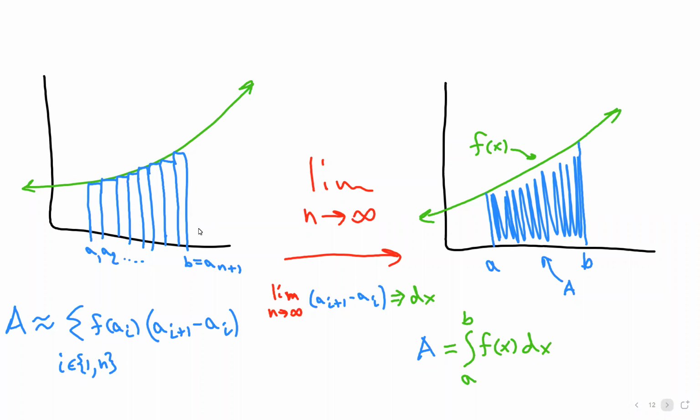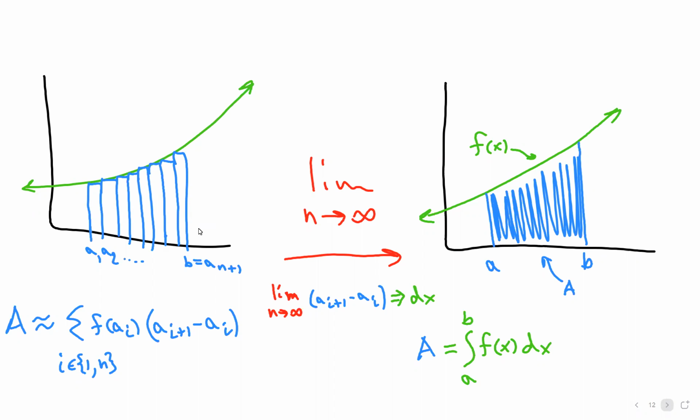And you would take the sum of the height of those rectangles times the width of it. And so each of those individual rectangles that you've found the height and width for, you would add up, and then that would be approximately what the area underneath the curve would be.